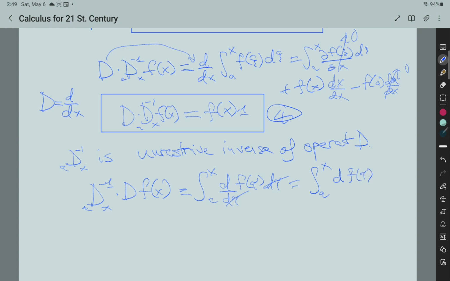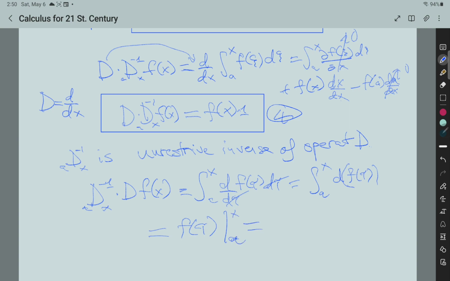Okay. So the formula to integrate this is that whatever is inside this d here, you put in parentheses. Whatever is inside that d, that is the answer for the integration. So it'd be f of tau, and then you put in the limits of integration from a to x.